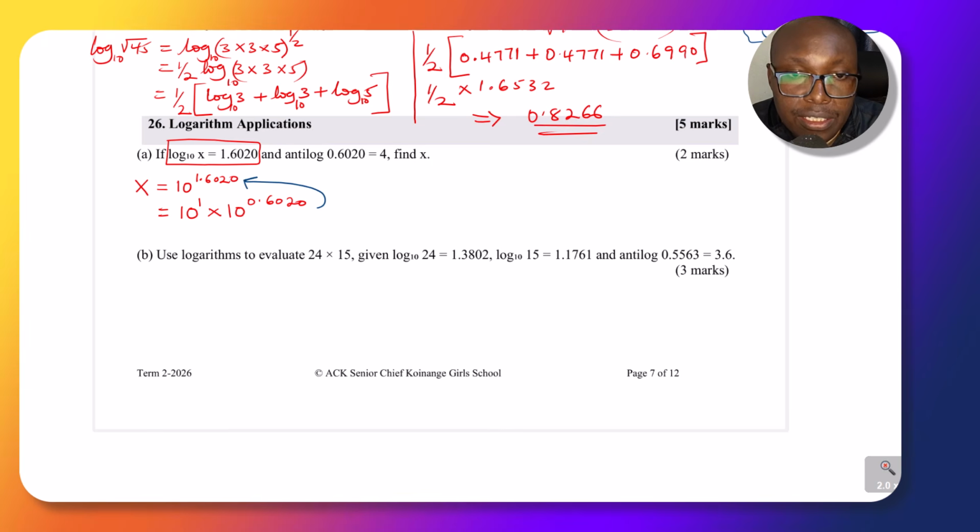What we've done is just splitting, using the indices concept. Now with these, it will be easier for us to proceed.